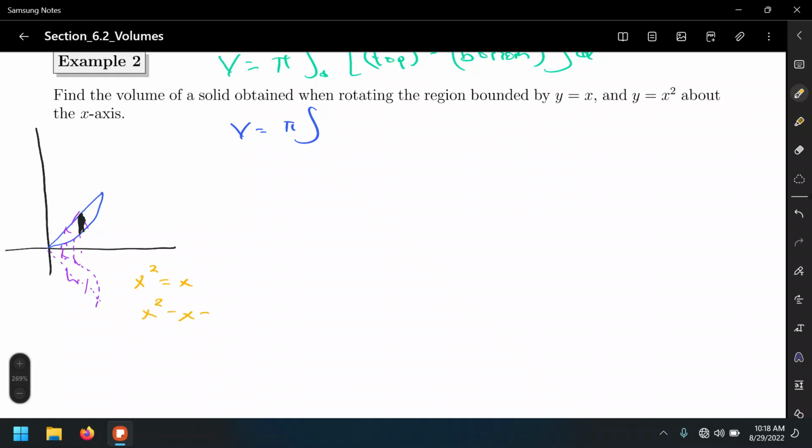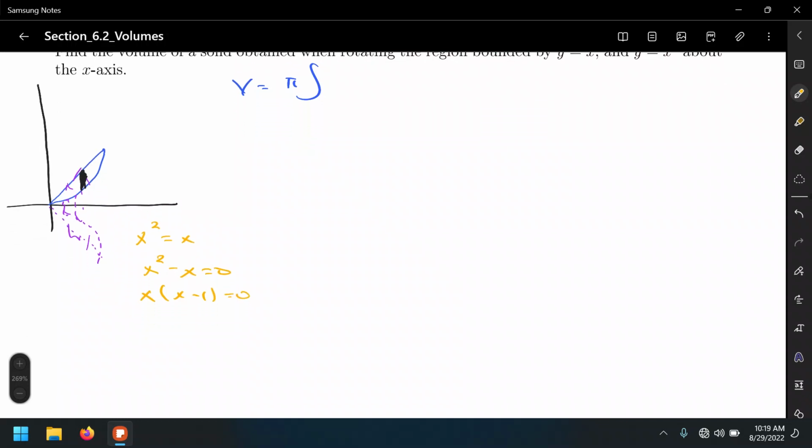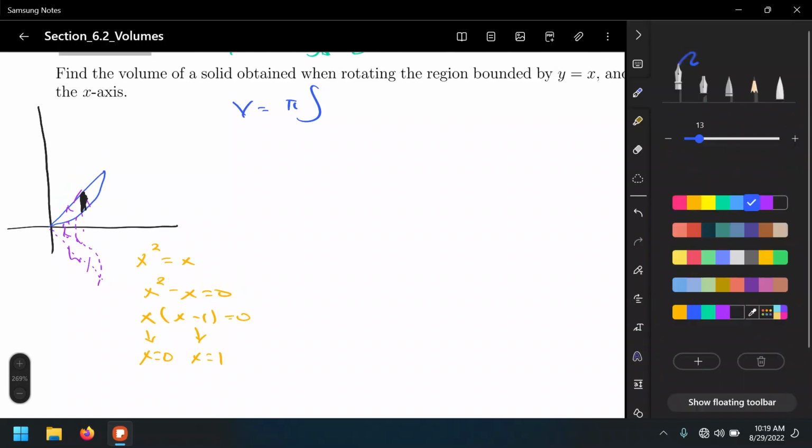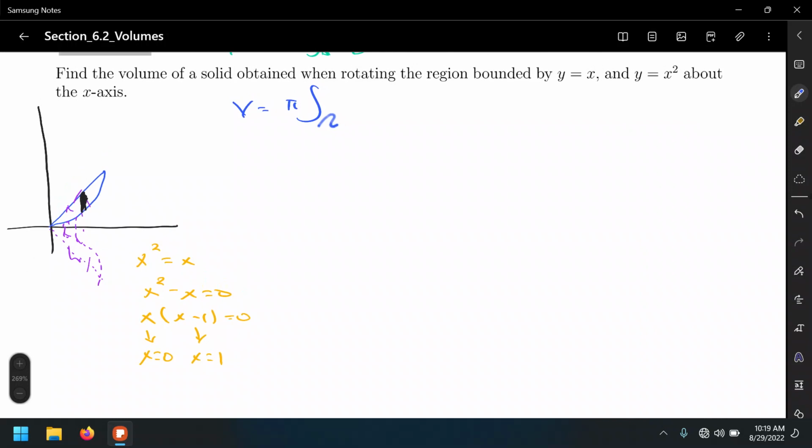So x squared minus x, then by factoring we get x times x minus 1, x equals 0, and x equals 1 by using the zero product property. So the limits of integration are going to go 0 to 1.